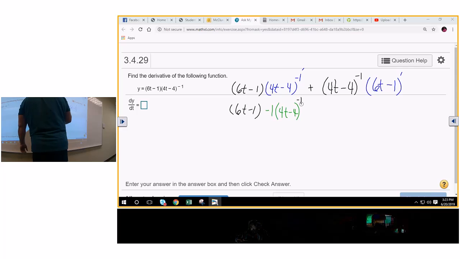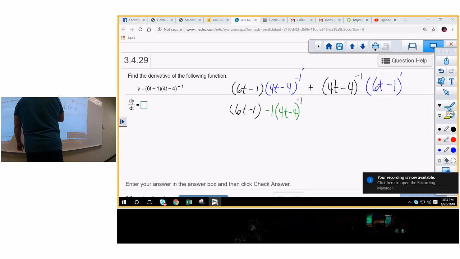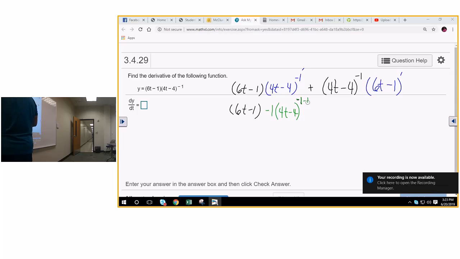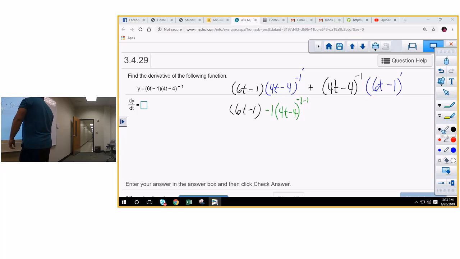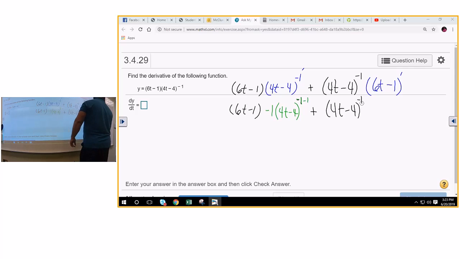Negative 1, negative 1 minus 1, plus (4t minus 4) to the negative 1 times 6.